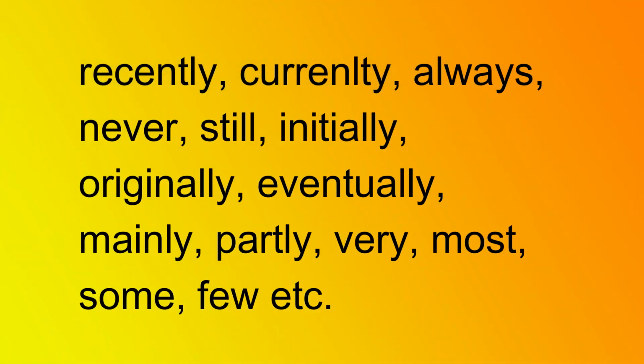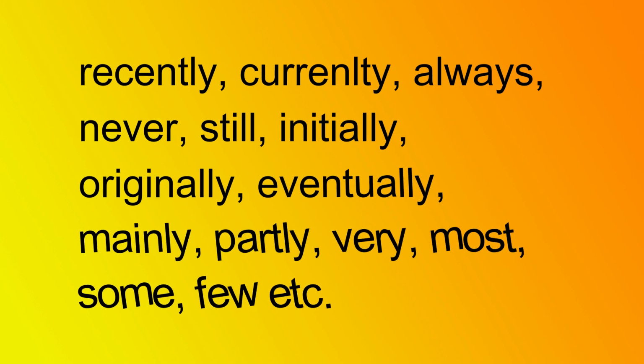VIP number 2, and extremely important for not given tasks, is to pay attention to the words that qualify the statements and change their meaning. These words are usually words like recently, currently, always, never, still, initially, originally, eventually, mainly, partly, very, most, some, few, and the like. These words can usually alter the whole meaning of the sentences, and they are used in order to confuse candidates most of the time, and this is where most of the mistakes happen.